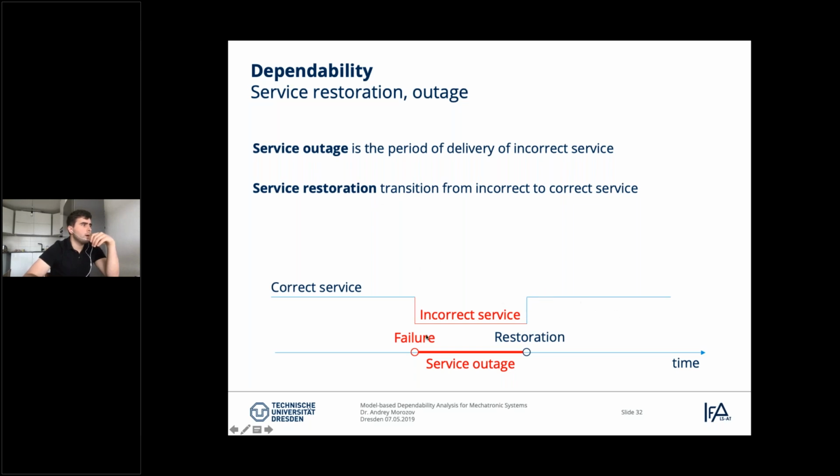Here the service outage is the time between the failure and restoration, and service restoration is the act when we restore the service of the system. Okay: correct service, failure, incorrect service. This is service outage, restoration, correct service again.